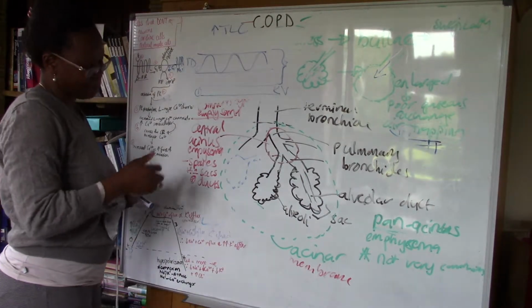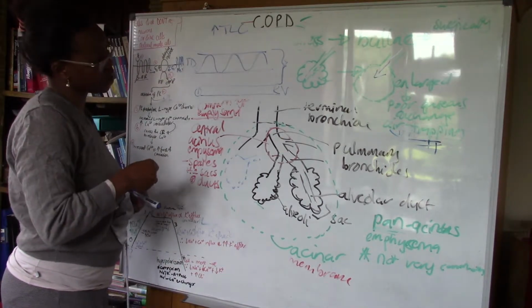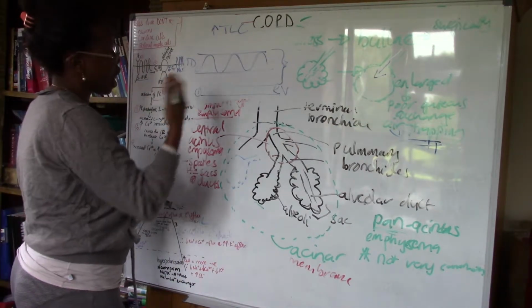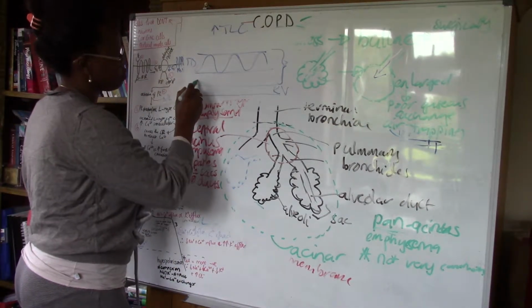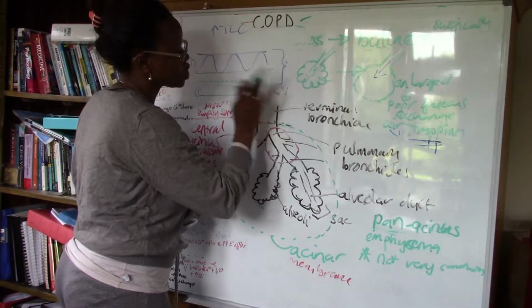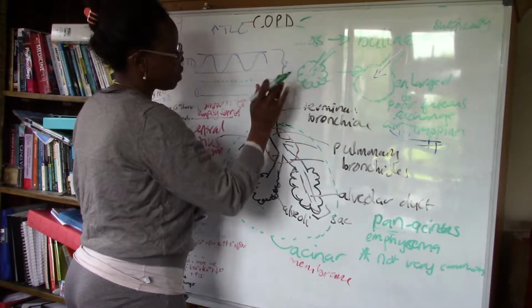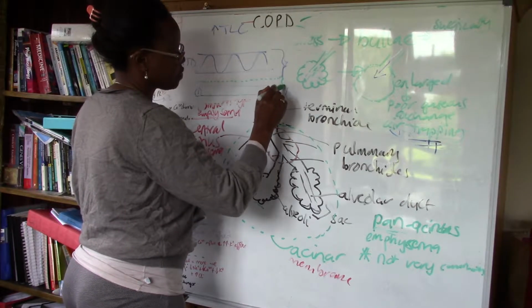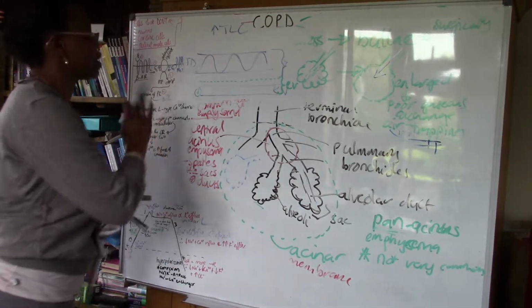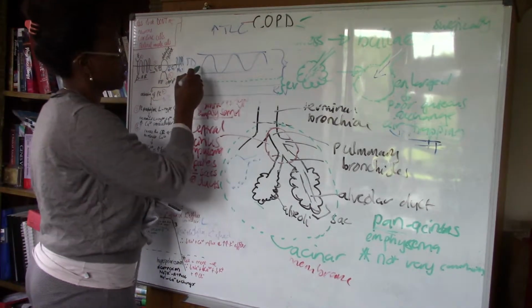As pathology occurs in that situation, with air trapping, the way I think about it is that it enlarges the residual volume. So you have a residual volume that shifts upwards. I think of it as an upward shift. I know it's a wrong way to think of it, but it makes life so much easier.